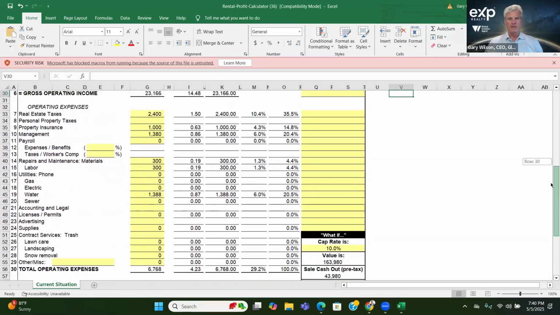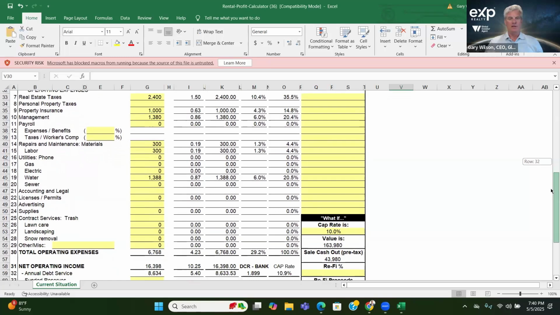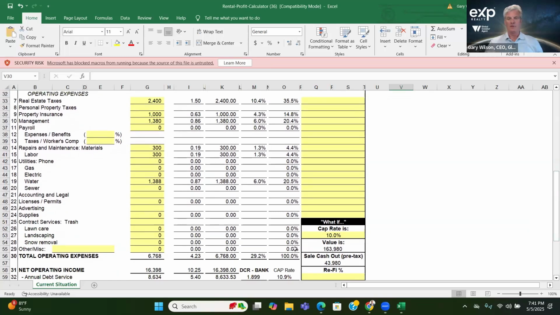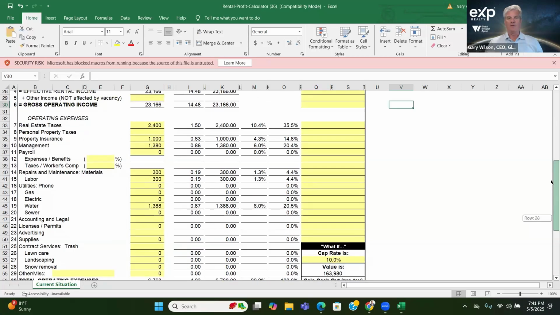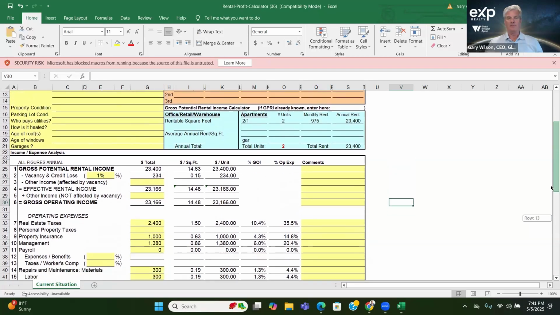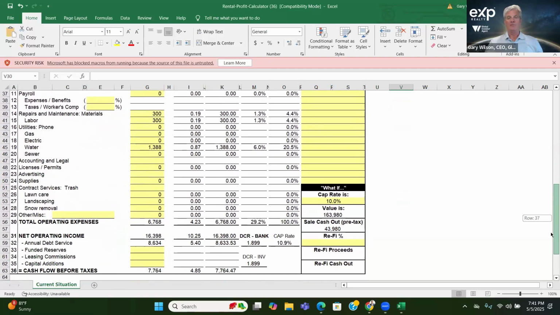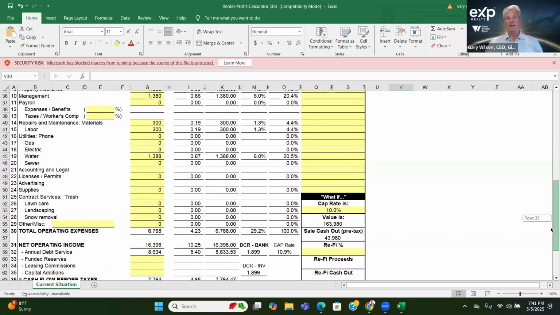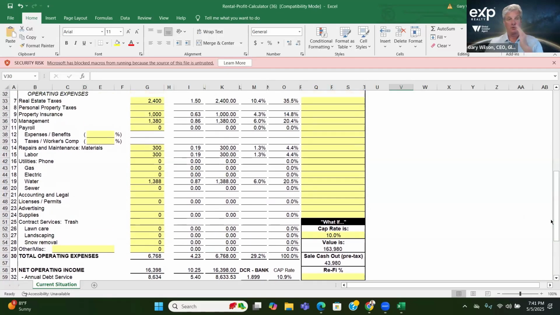In any case, down here you can see total operating expenses are 29.2% of your gross operating income, which is actually really good. In a lot of cases, particularly with older homes, and Eric said this home was an older home, you can see operating expenses easily approaching 50% of your gross revenue, 40 to 50% for the oldest homes.